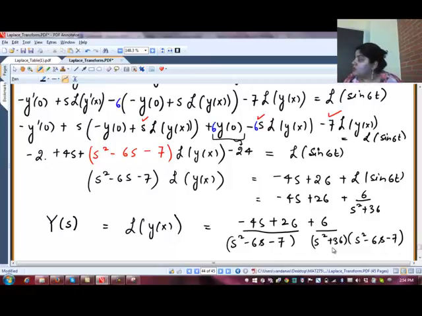Now to get those simpler expressions is not easy. As you can see, it's a polynomial down there. So what you have to do is partial fractions, and by partial fractions you will get the simplified expression in s, which you will check from the table and then write down the inverse of it.